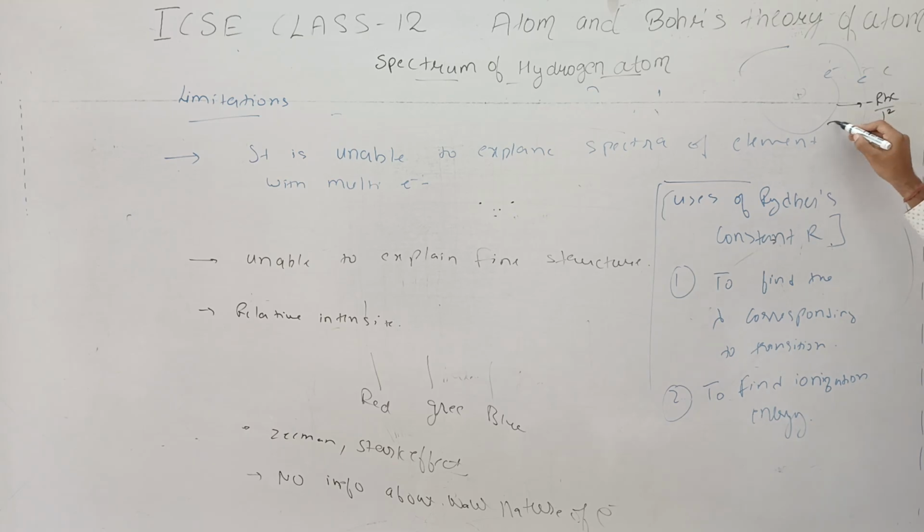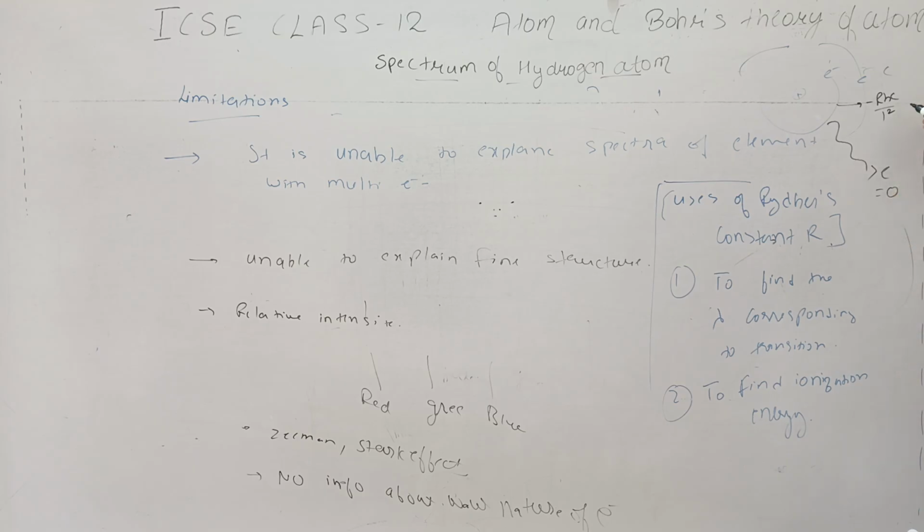And if we want to ionize the atom, which means remove this electron from the atom, then when we remove it, its energy becomes 0. The potential energy of the free electron is 0, and the energy of the electron inside the atom in the ground level is minus RHC. So how much energy is needed?